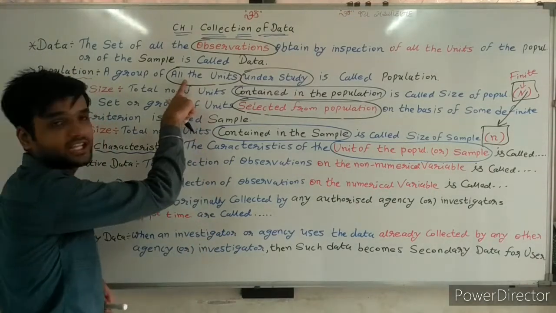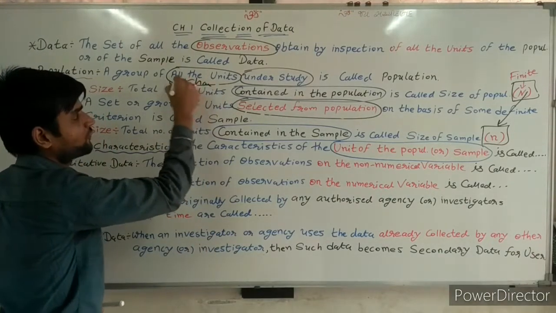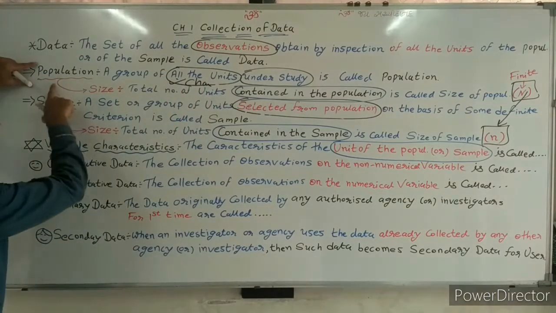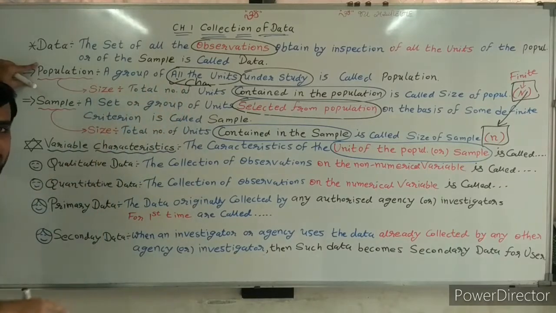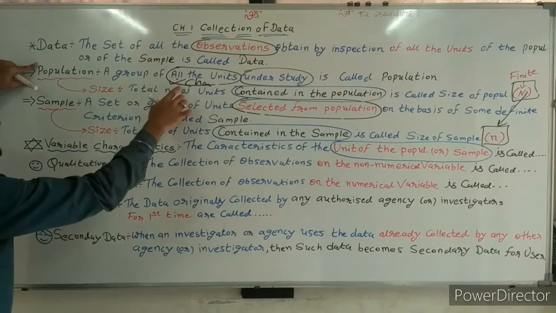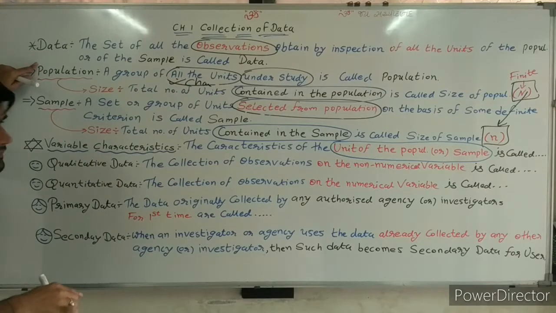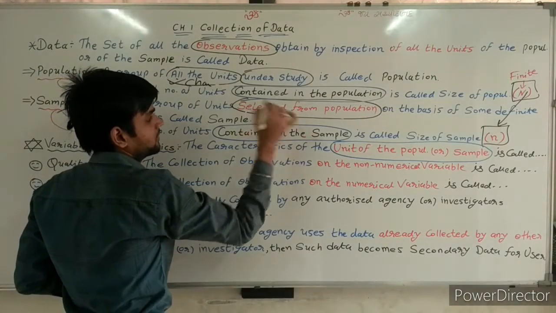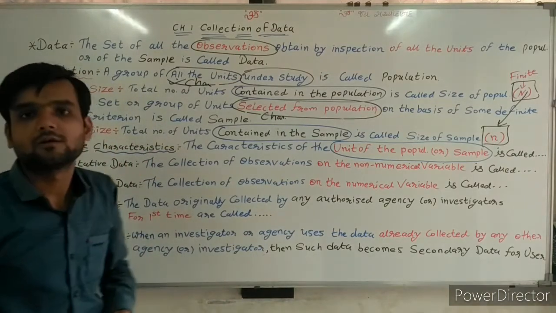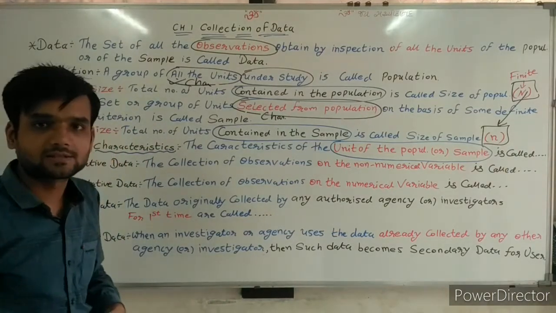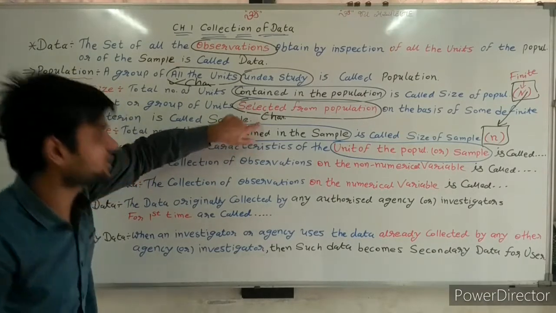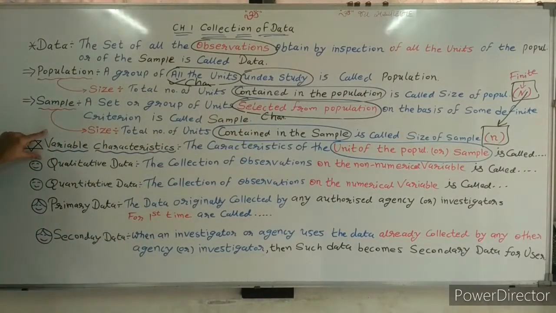So if we are finding characteristics of all units, then it is called population characteristics. Characteristics of all these variables. If we are finding the characteristics of selected units, then the characteristics of selected units are also variable characteristics.